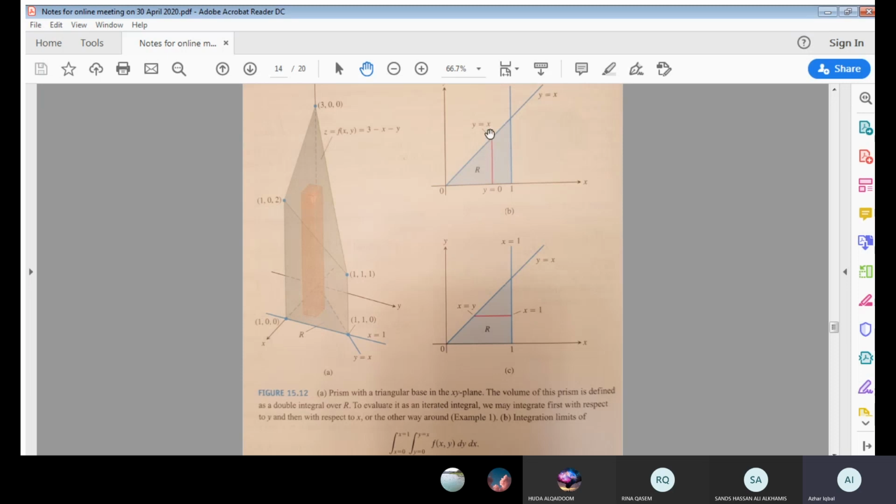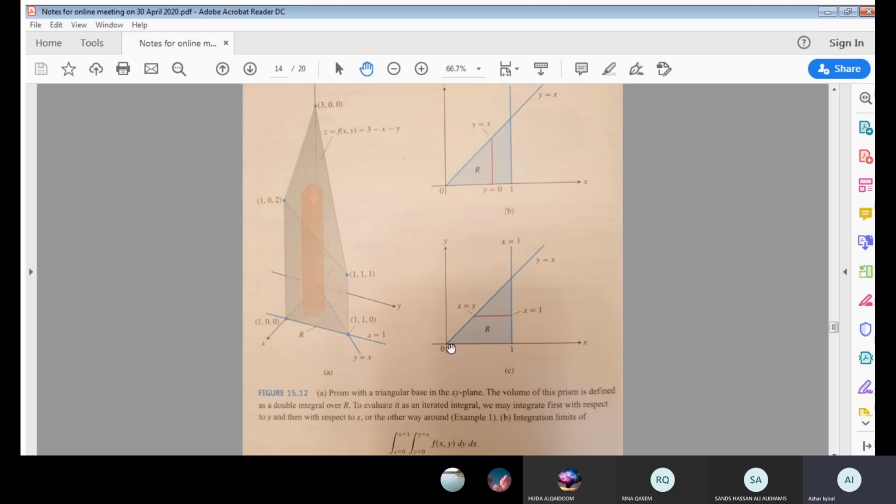If you consider a vertical line, this reddish one, then here the y coordinate is 0 and here the y coordinate is x.